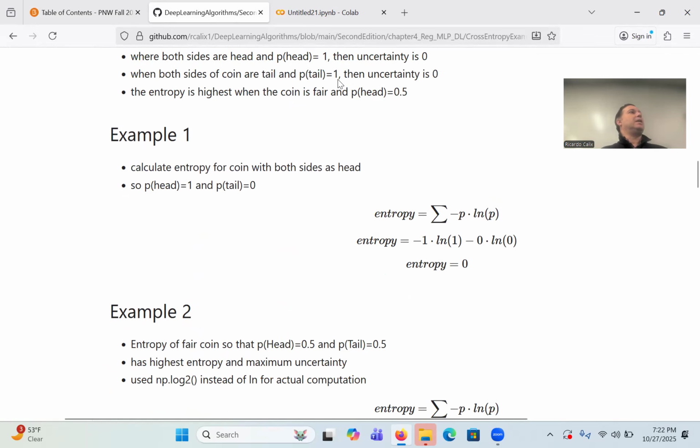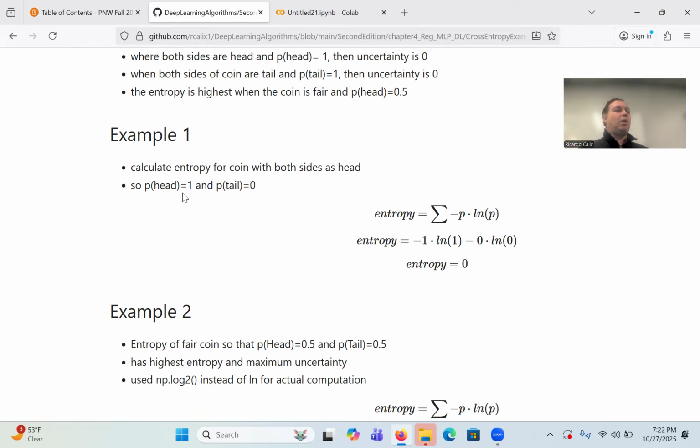So now let's look at a couple of examples of calculating entropy. Notice we're still not in cross entropy, we're just in entropy. So we know the equation: minus p times logarithm of p. That's the entropy. So let's do example 1. Calculate the entropy for a coin with both sides as heads.